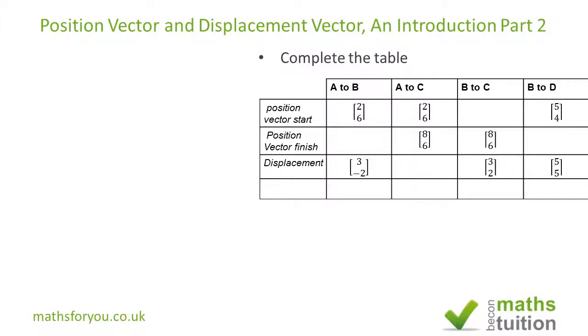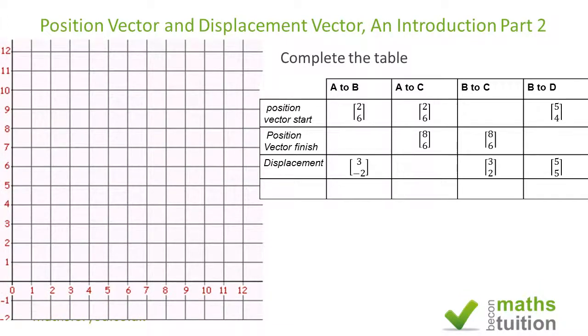What I've done, as usual, is to create a grid to help me explain what I'm doing here. And at point (0, 0) we've got O, the control tower, as it were.